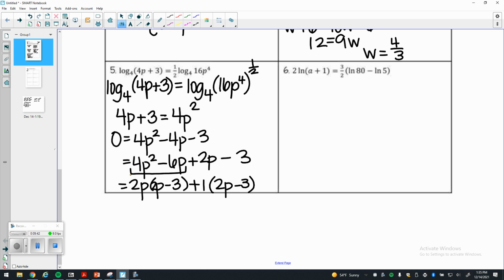Two p, so 4 divided by 2 is 2. P squared divided by 2 is 2. Okay. So you have 2p plus 1, and then 2p minus 3.